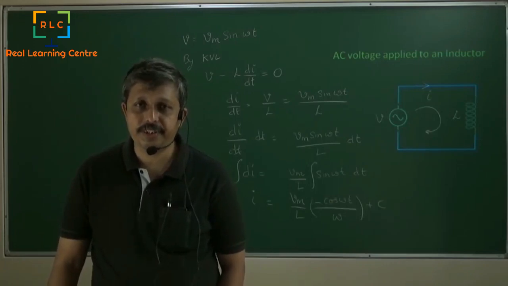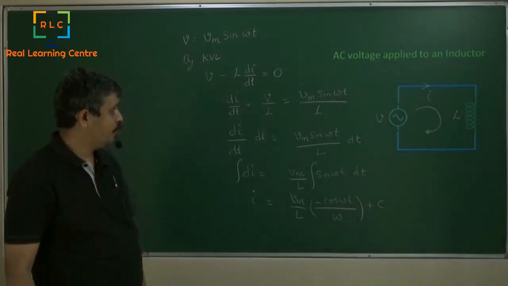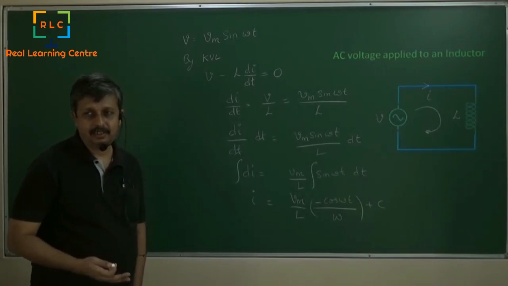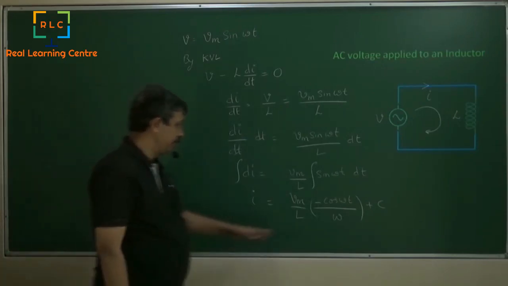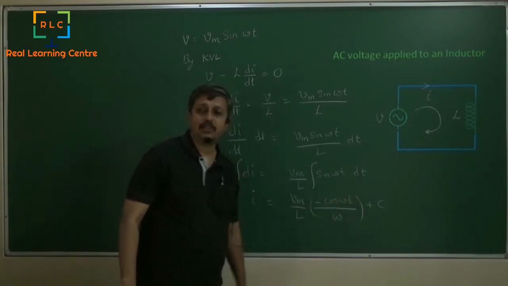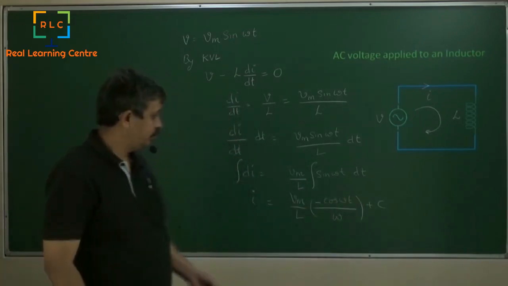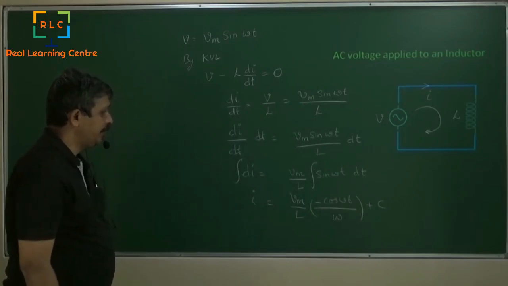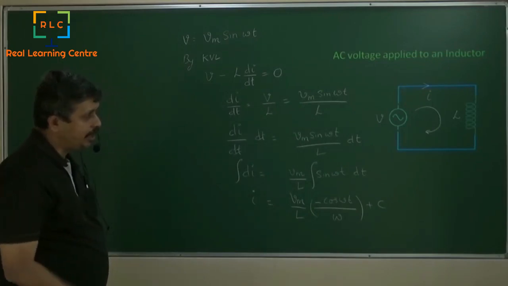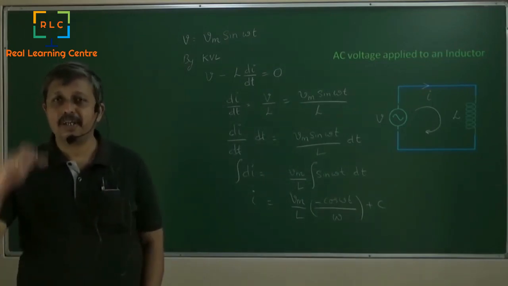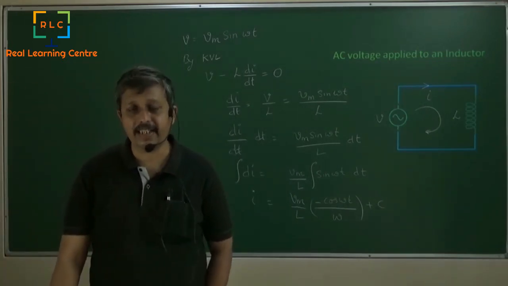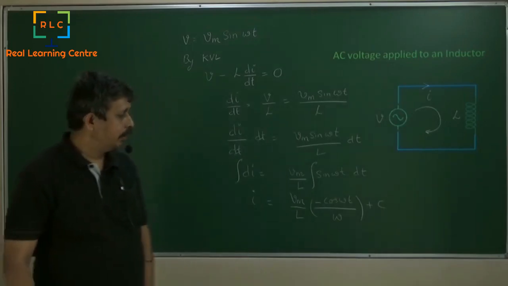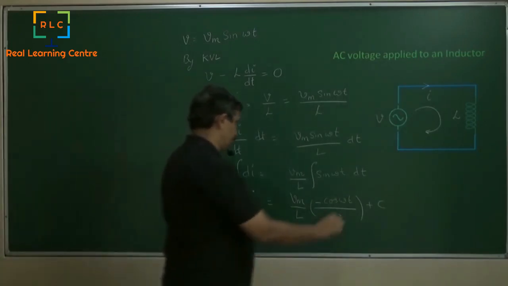We're going to use a certain argument: when there is no voltage, there will be no current. By taking that into consideration, we can substitute and compute and say C is zero. We also know that the current moves between positive and negative and does not have a certain bias; some constant is not added to it. So C tends to 0.